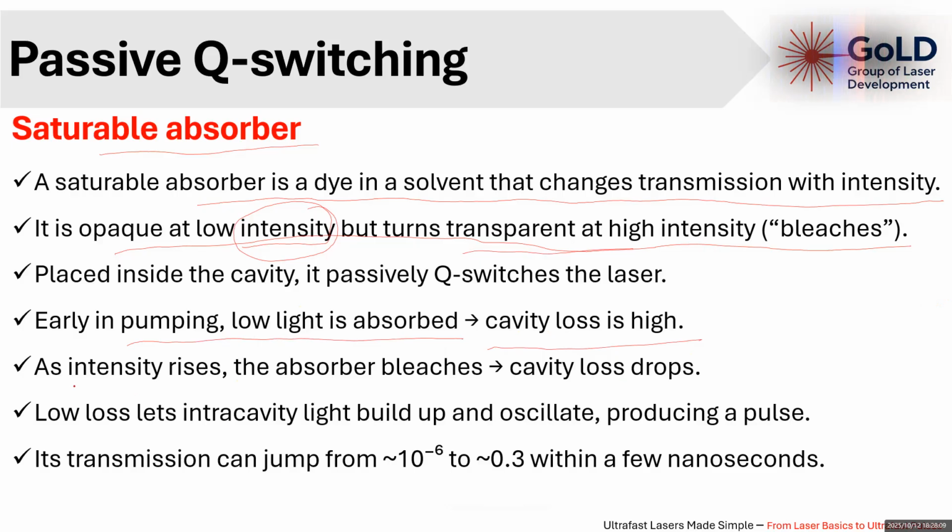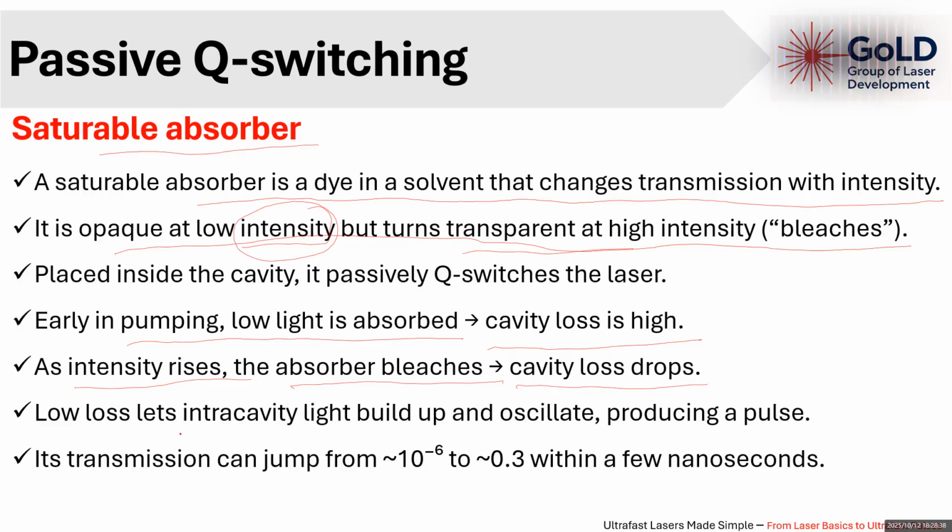But as the intensity increases, the absorber bleaches. I mean, it cannot stop the light, it passes through like a bleaching powder, you can say. So as the intensity rises, the absorber bleaches and the cavity loss drops, and we can have something at the output, a giant pulse.